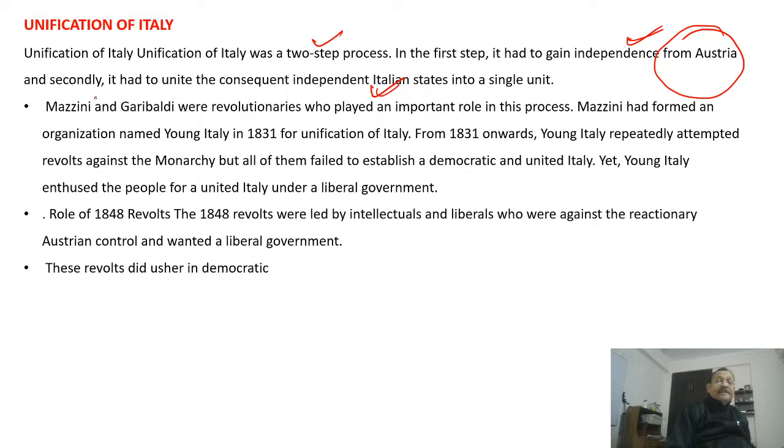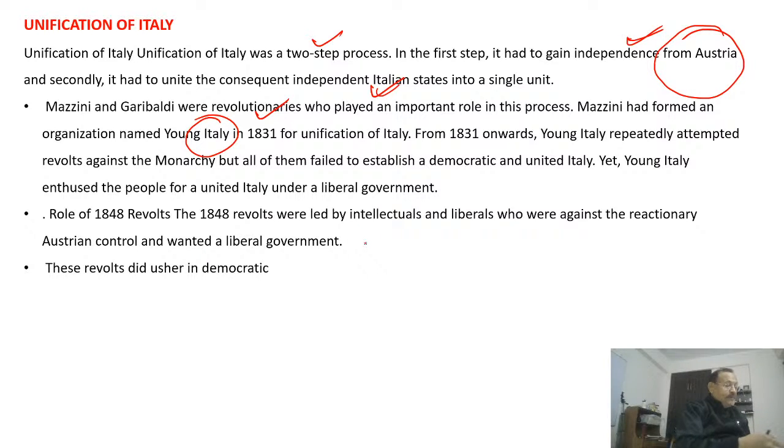Mazzini and Garibaldi, as I told you earlier on, these were the two specific leaders, revolutionaries who played an important role in this process. Mazzini formed an organization named Young Italy. ये important सवाल उठता है, मजीने ने क्या फॉर्मेशन किया था, एक ऑर्गेनाइजेशन सेटअप किया था. उस ऑर्गेनाइजेशन सेटअप का क्या नाम था, यंग इटली.